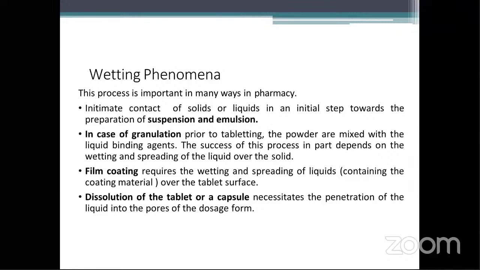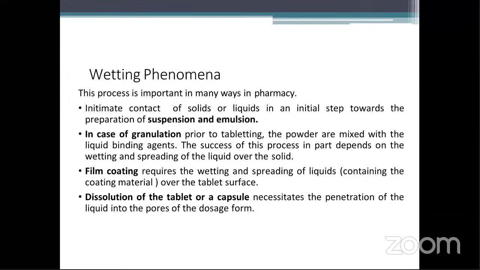So here the mixture of drugs and other materials is mixed with this binding agent. The success of this process completely depends on the wetting and also the spreading of the liquid over that solid powder. So you have to remember this wetting is very important for tableting purposes, for preparation of granules where a liquid binding agent is used.